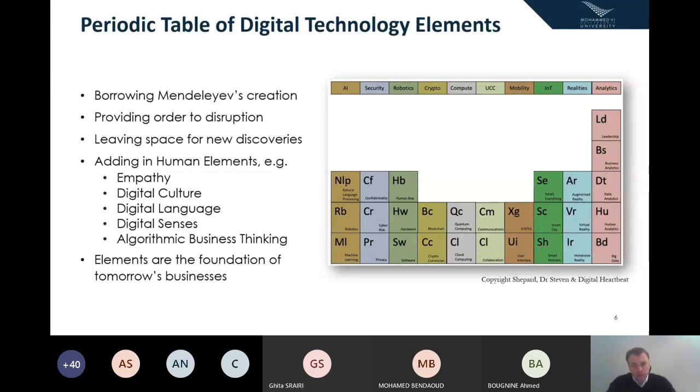Now let's do a super quick review of the 10 periods of our periodic table. On the left, we begin with the AI family of technologies.